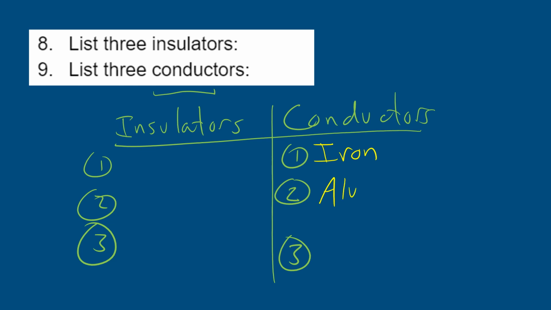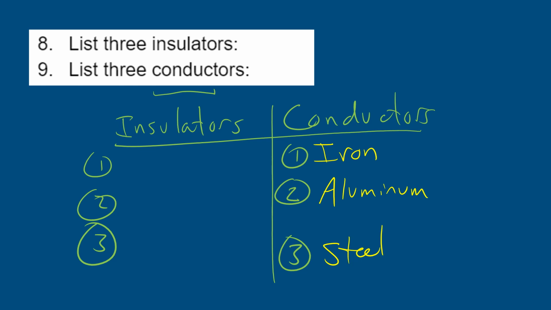Aluminum is a great conductor, and then also steel. The one thing these all have in common is that these are all types of cookware you can have for your kitchen. Sometimes you can have a pot or a pan for cooking that's made out of iron, aluminum, or steel. Those are all things you can buy for your kitchen.